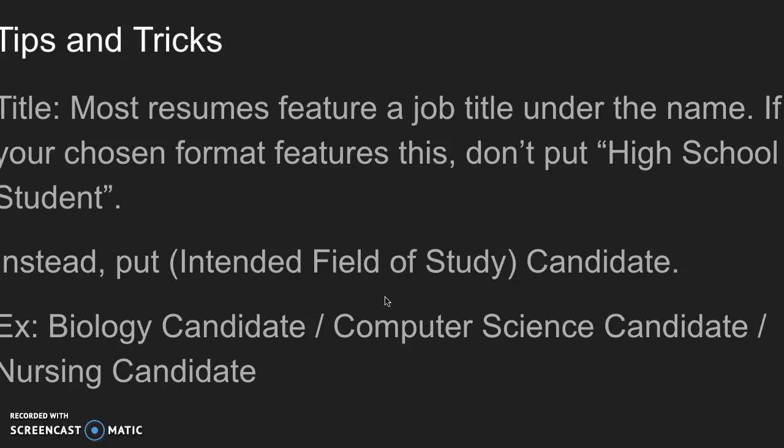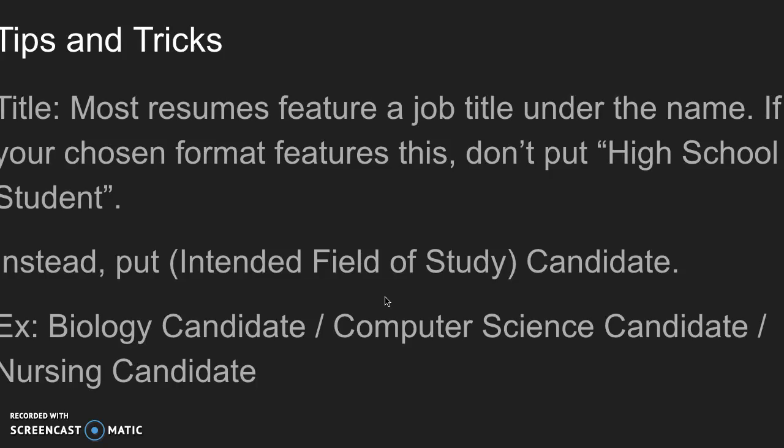However, you're a high school student right now, and so what you need to put as a title under your name is your intended field of study, and you let that be you as a candidate for that. So, for example, you're not going to put high school student. If you want to major in biology, you would put biology candidate or computer science candidate.